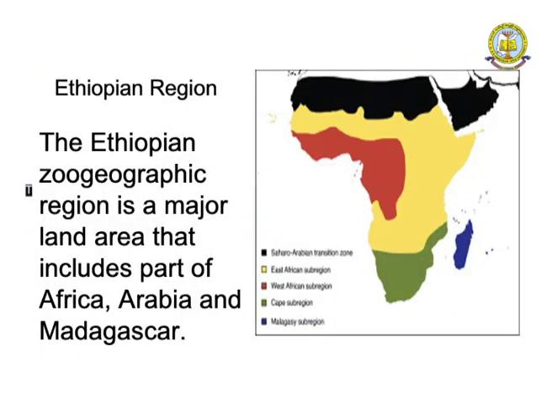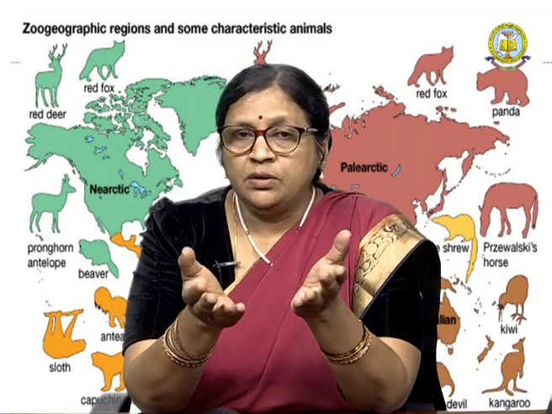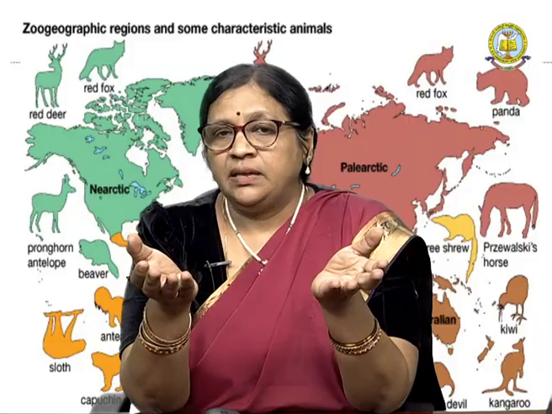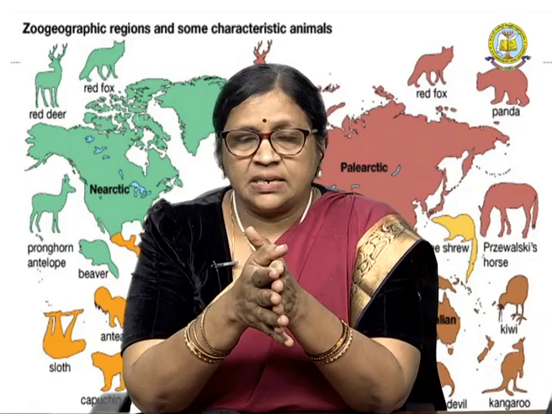After this we come across the Ethiopian region. So the Ethiopian region is a tropical rainforest, and the zoogeographical region in this area includes parts of Africa, Arabia and Madagascar. So parts of Africa include the west and the east and South Africa, with Madagascar.